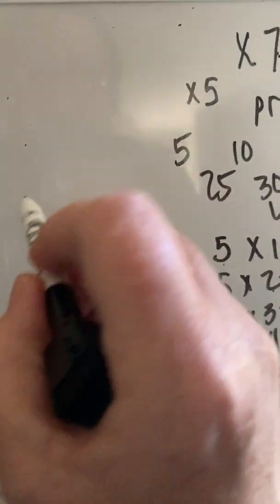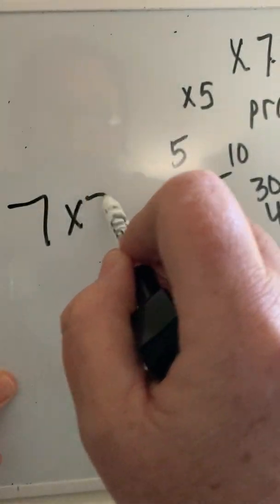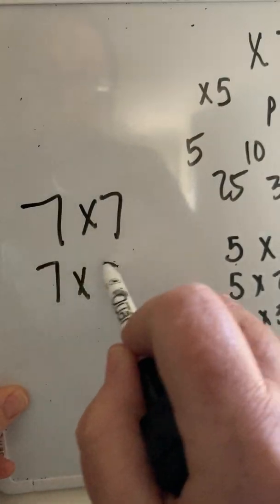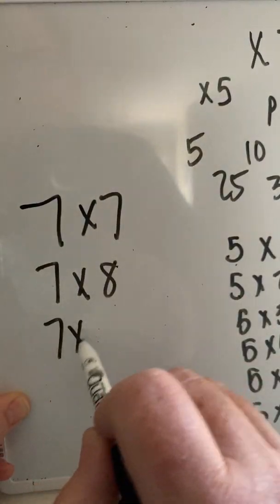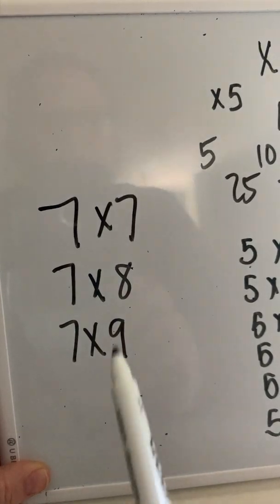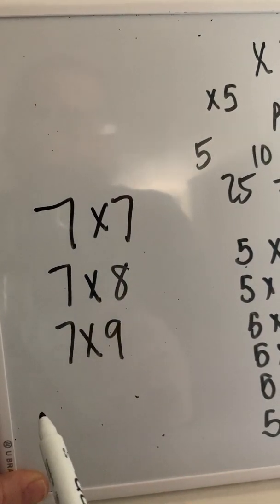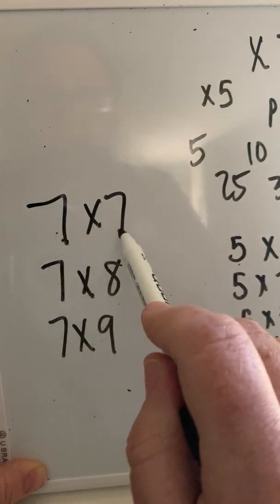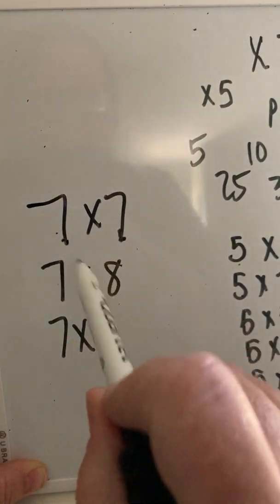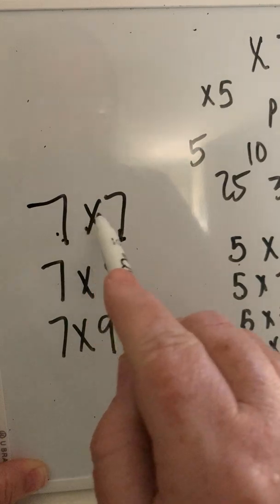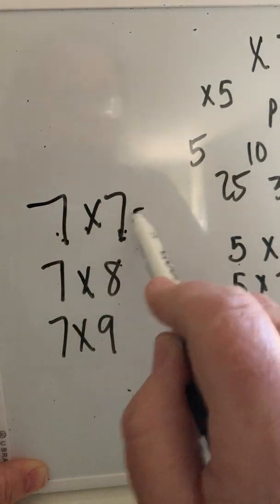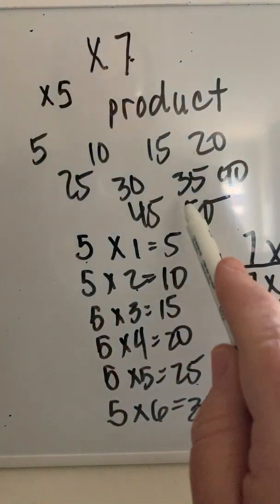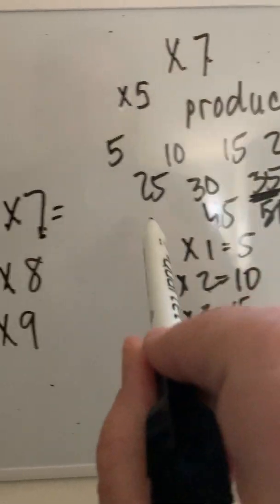Let me squeeze in the last couple. 7 times 7, 7 times 8, 7 times 9. So what did I say? You're going to do a 5 times this, and then 2 times this, and add them up. So what would 5 times 7 be? 35.